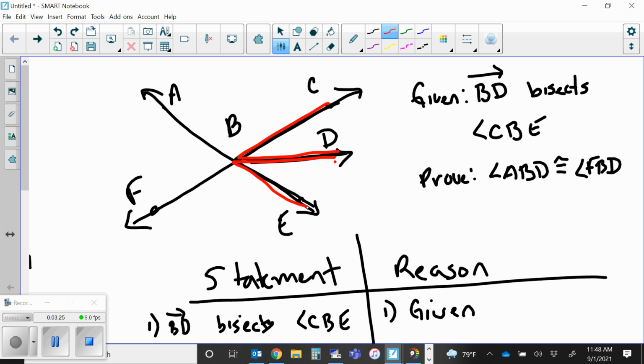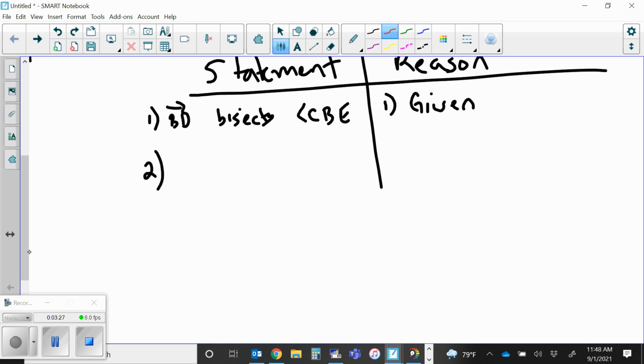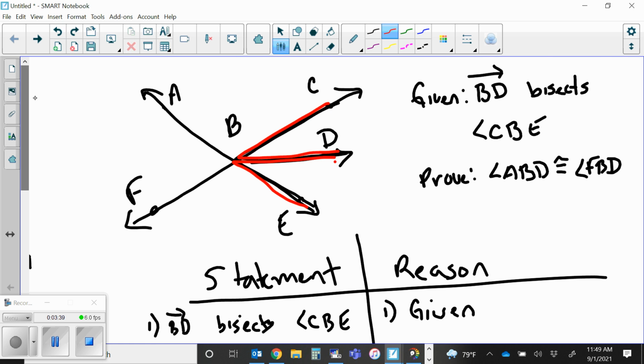Do you get what I'm saying? Now, does this statement state that? No, but because of that reason, can you say that those two are the same? You can't assume that when you say that this bisects it, they know these two are equal. You have to go, okay, since that bisects it, that means that CBD is the same as EBD.